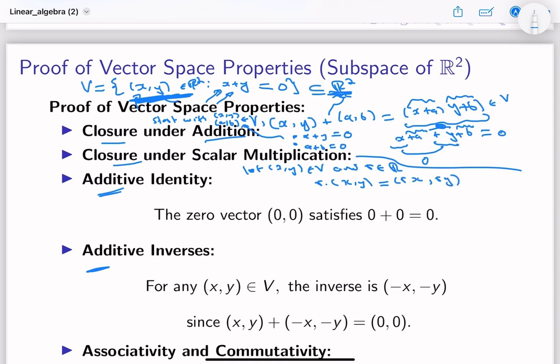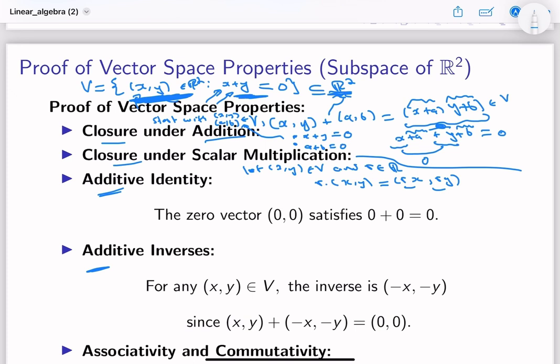Now we want to prove that this is an element of V. What does it take to be an element of V? It should be a tuple in R2, and the first component plus the second should be 0. It's clearly a tuple in R2.